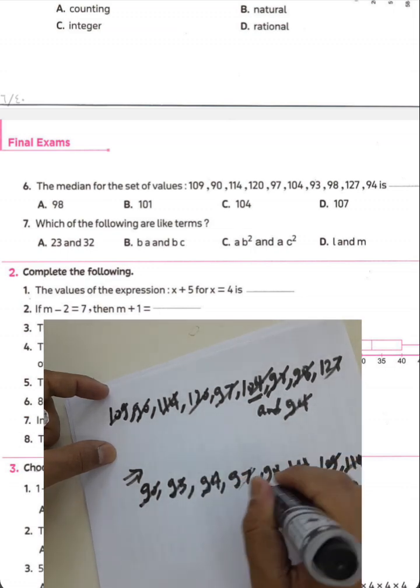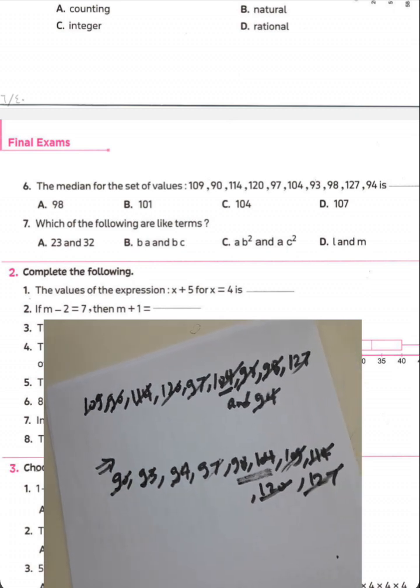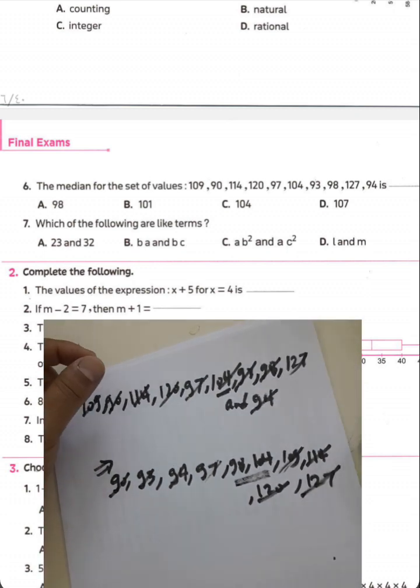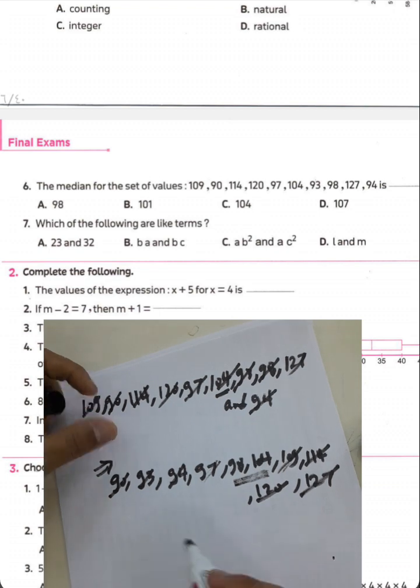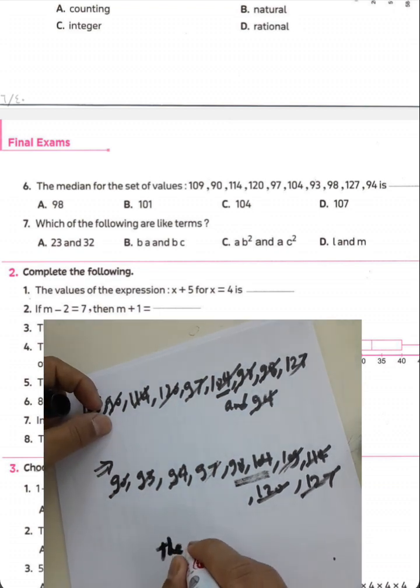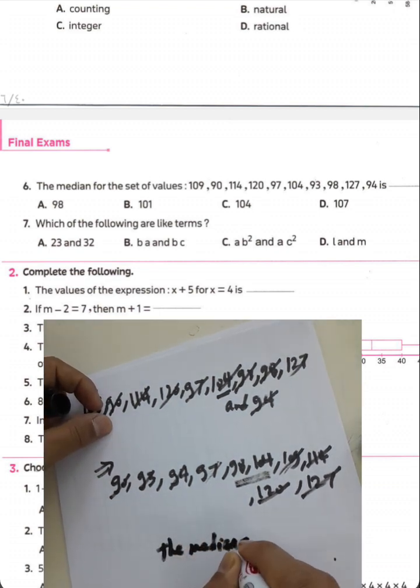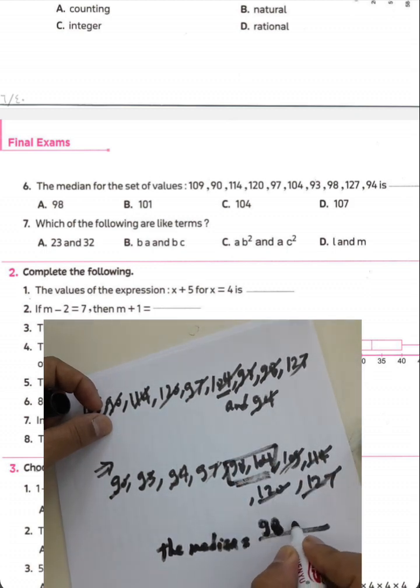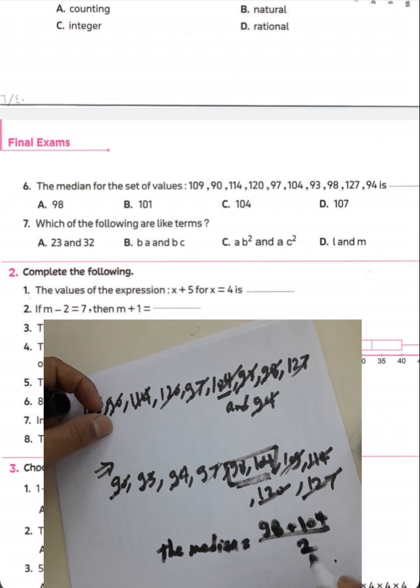We will have two numbers in the middle here. We can find the median by adding the two numbers and dividing by 2. Write 98 plus 104 divided by 2.